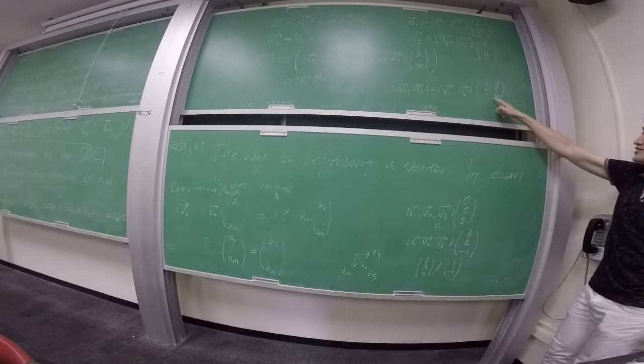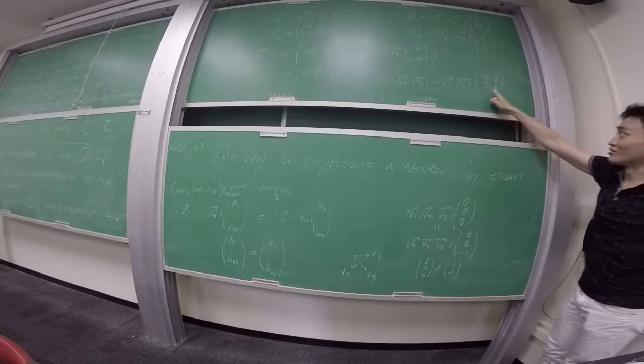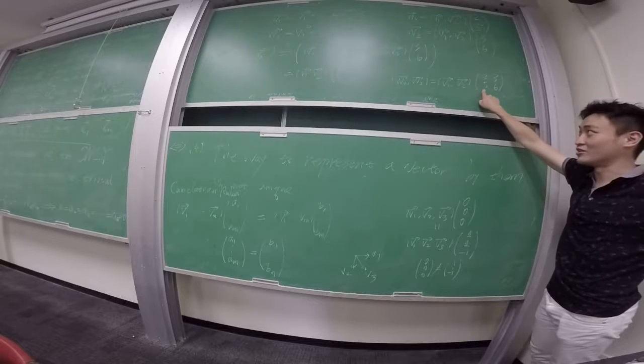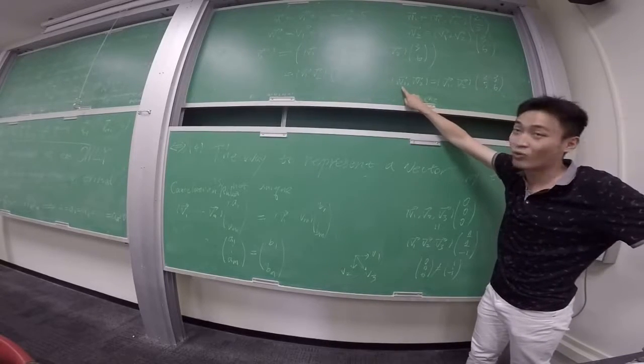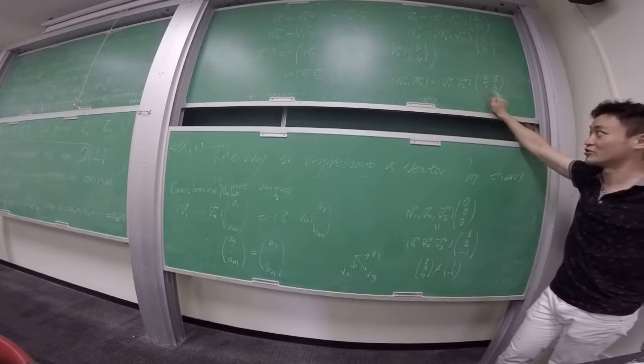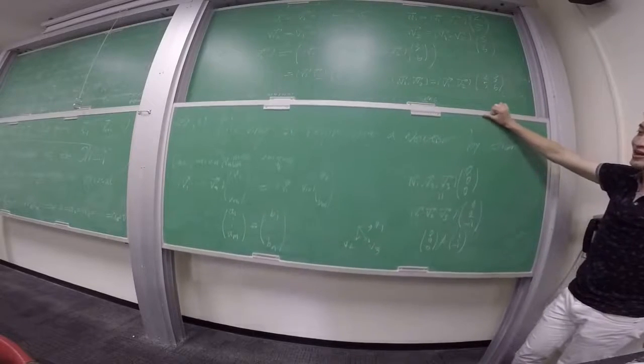The first column of the matrix tells you how to do the linear combination to produce W1. The second column tells you which coefficients you use to produce W2.